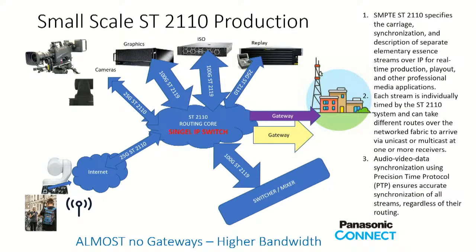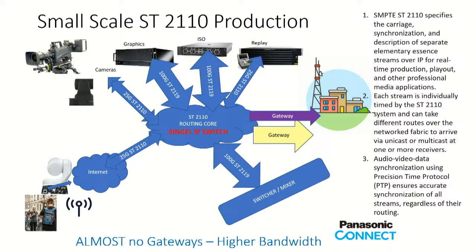So the beauty of ST2110, if you are following the standard, is that whether you have ISO recorders like replays, or just graphics, or PTZ cameras, or an RTSP stream coming in, or you're transmitting to the gateway, everything can be done over ST2110. You can bring in audio.